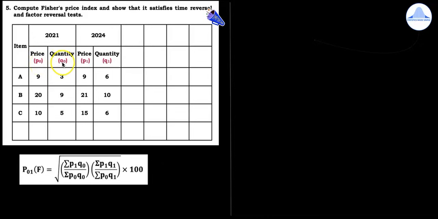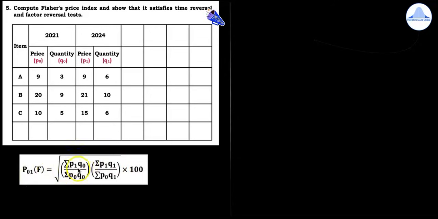So mark P0, Q0, P1, Q1. Also read the question. Always they need not ask to calculate Fisher's index number, but in this problem they have asked to calculate Fisher's index number, which will carry 2 marks, and the remaining 8 marks will be for TRT and FRT. So first write the formula for P01 of F.